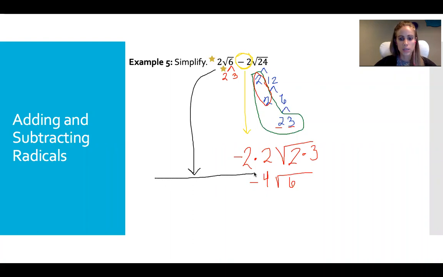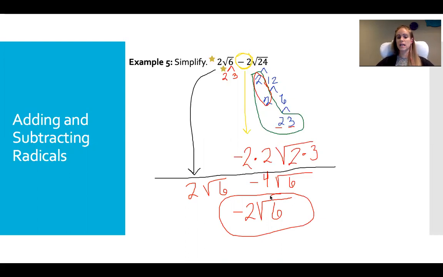So what we're working with now, just to try to make it clear, is 2 times the square root of 6 minus 4 times the square root of 6. 2 minus 4 is -2, and then your square root of 6's, because we're just saying how many of them we have, we're just combining like terms, that stays the same. There we go. We have a simplified answer that is an irrational number. All right, awesome job, guys.